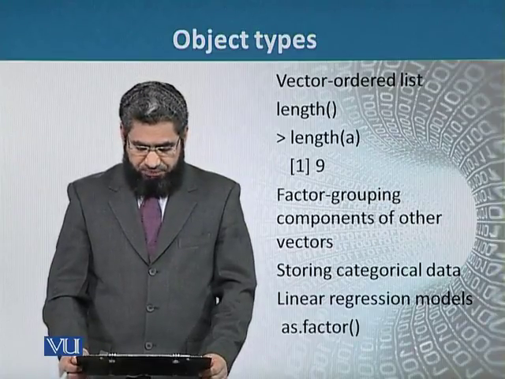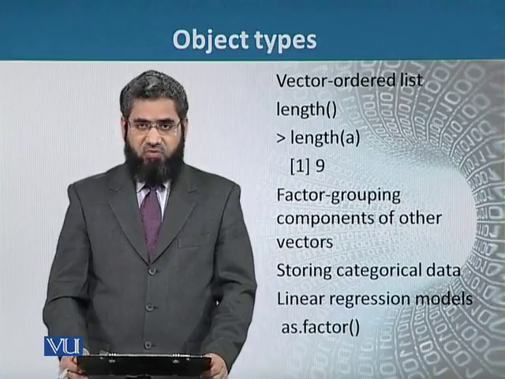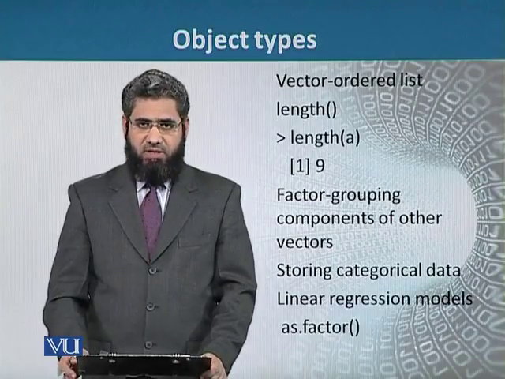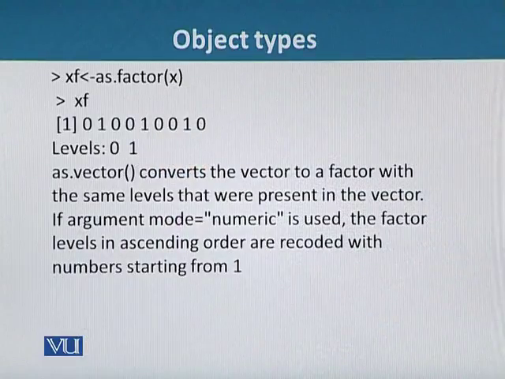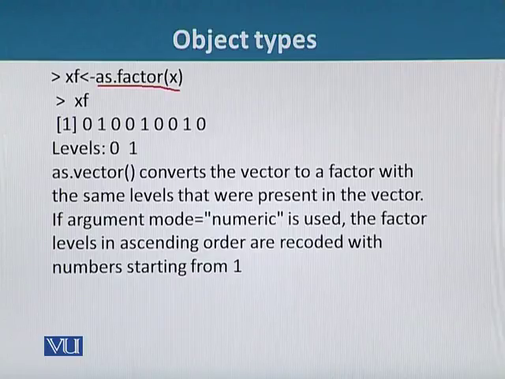The command used is as.factor(). If you use this command as.factor(x), it means that we are going to get the categorical data, and we will get this answer, with levels 0 and 1.